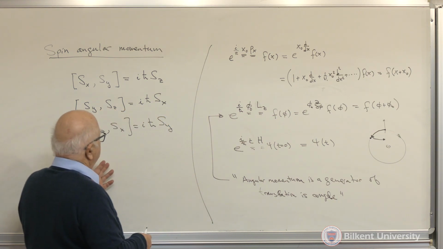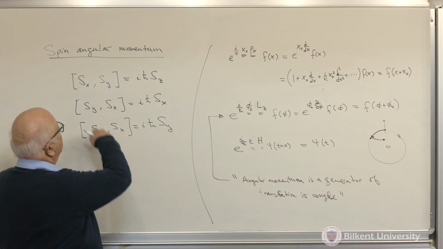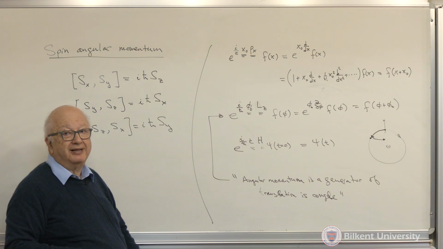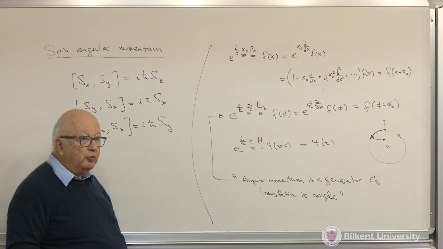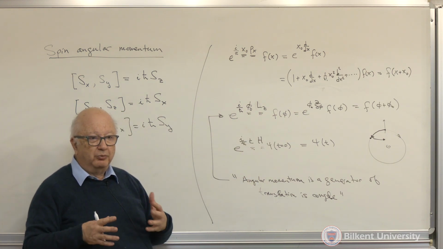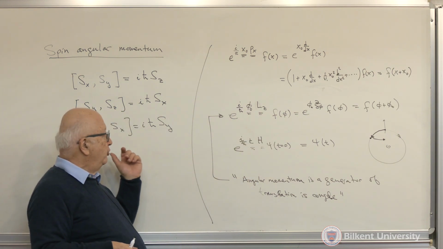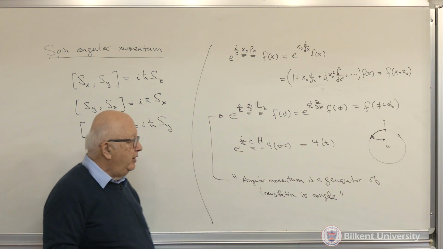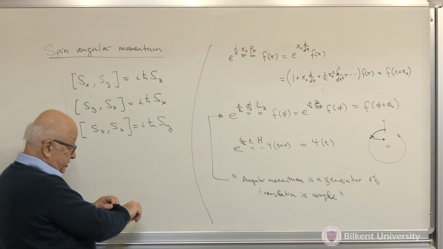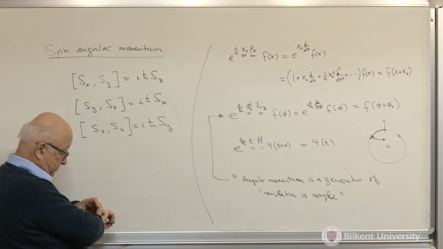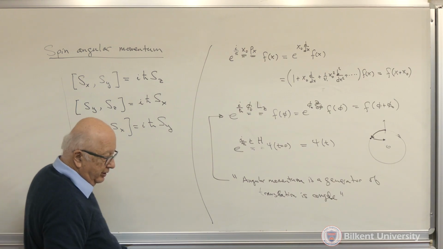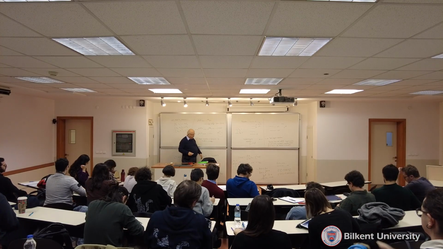So what you do is you either say, well, let me just assume that these commutation relations are exactly the same as the orbital angular momentum case, or you can really do a more fundamental analysis and obtain these things. So what's the summary? We have these three relations. So perhaps we will have a break now and then go on with this.